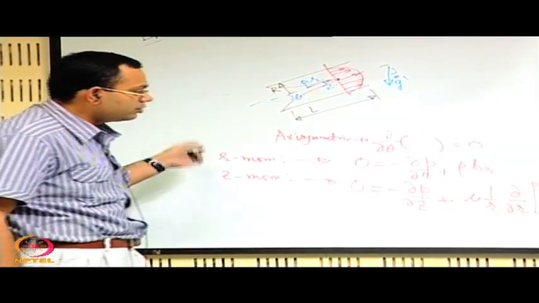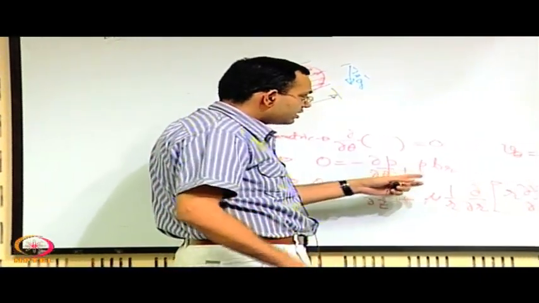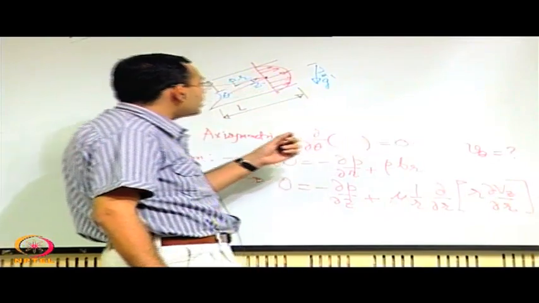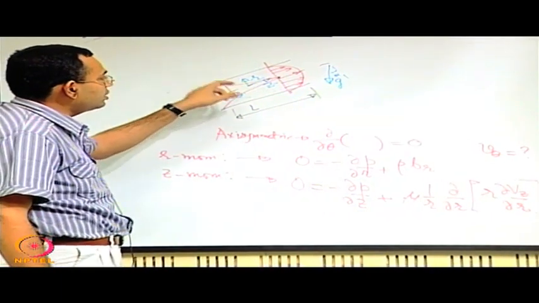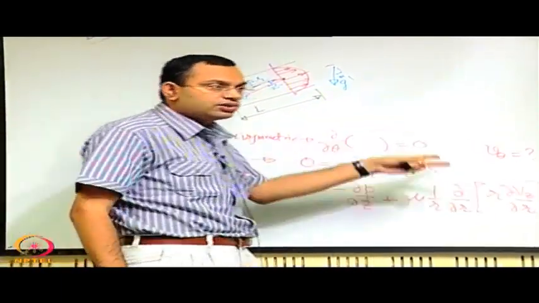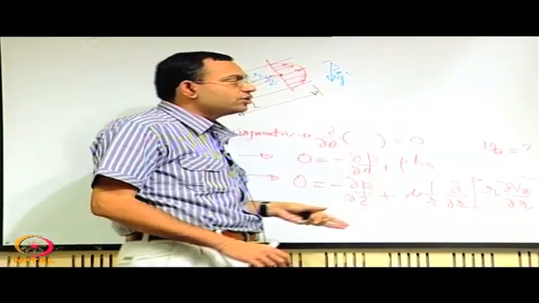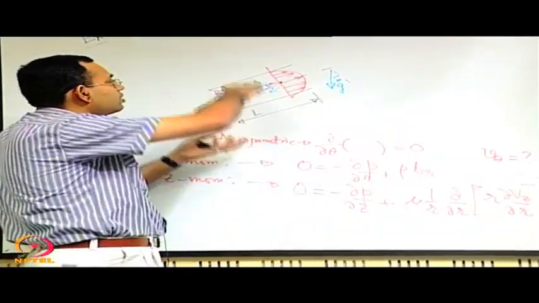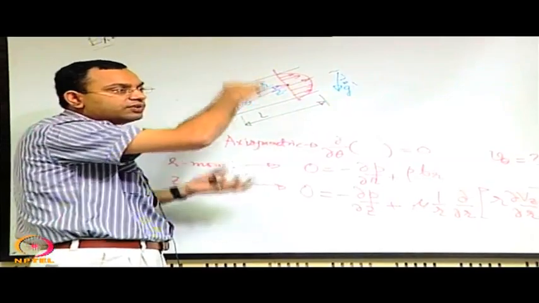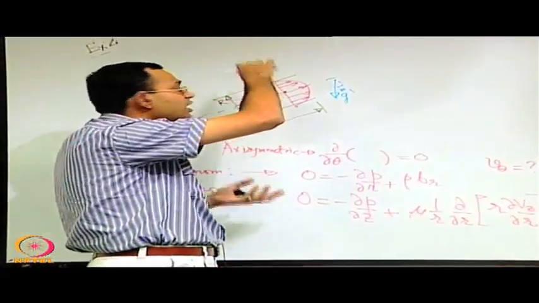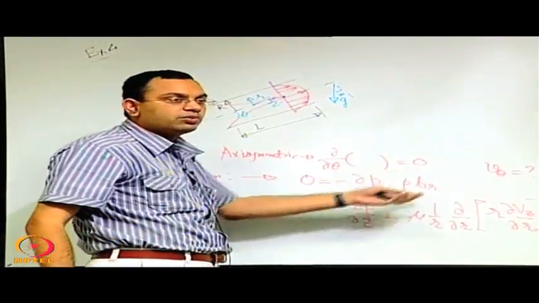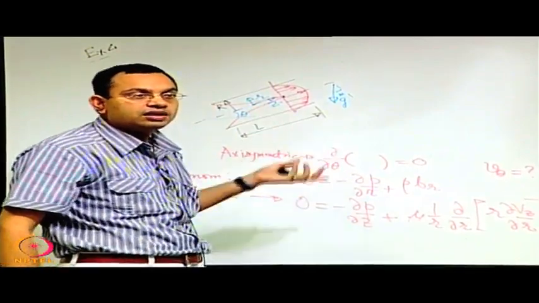In the R momentum equation, first of all let us see what this BR is. BR is the body force component in the radial direction. There is a body force component in the radial direction, that is true, but unless the extent of the pipe is very large, like a very high radius pipe, that effect of the body force is not going to be important along the R direction.